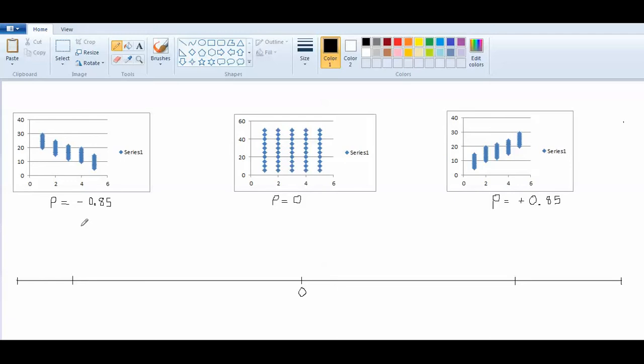So if we randomly select a bunch of samples from this population and we calculate the correlation with each of the samples, most of the sample correlations should fall somewhere near the population correlation of negative 0.85. And it also depends on the sample size, because when the sample size is larger, the sample better estimates the population.